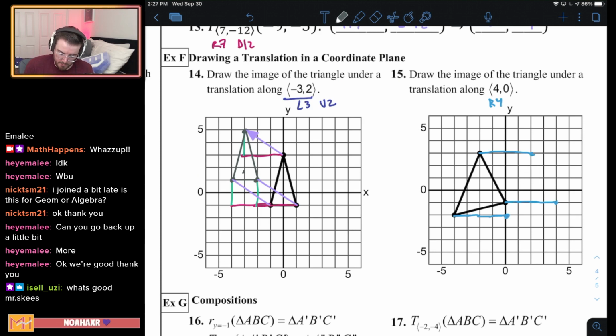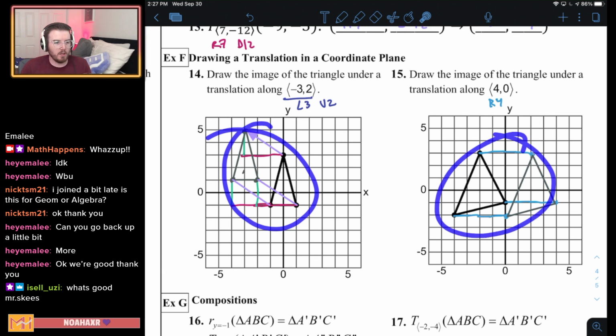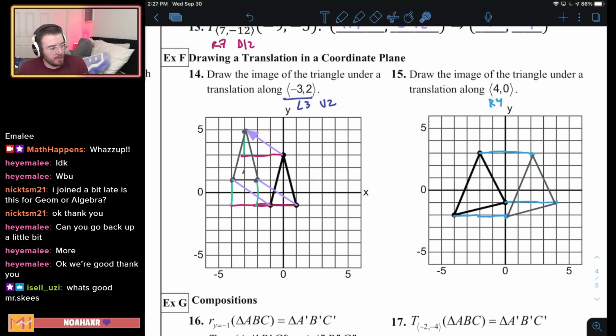Why didn't you click into place? Beautiful. That's easy, right? Easy. Notice how it kind of looks like a 3-dimensional shape when you draw it out. Kind of neat. Not really a coincidence.